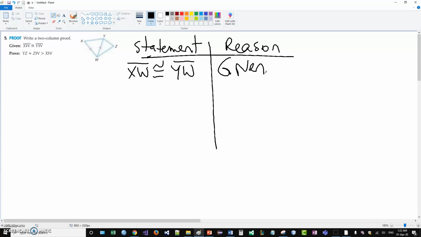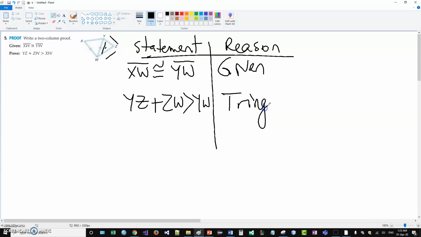Now, if we look at this triangle, YZ plus ZW is greater than YW, right? YZ and ZW are greater than the third side. And the reason for that is the Triangle Inequality Theorem.